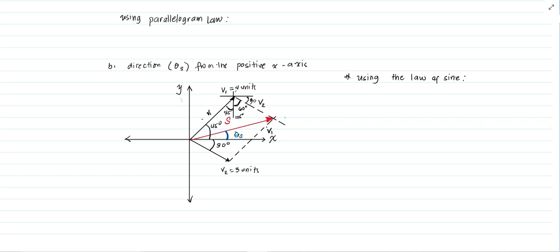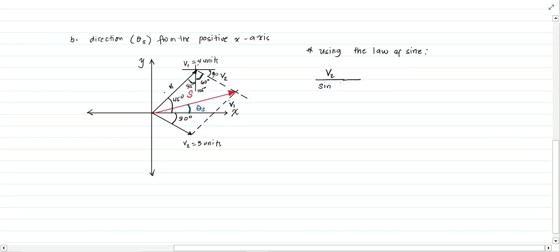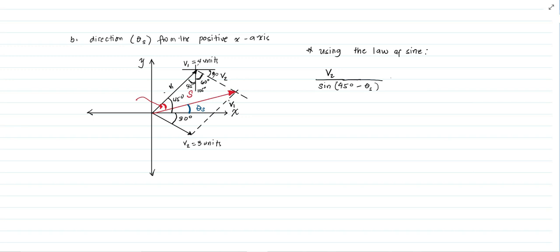Let us focus on the triangle on the upper side of the parallelogram. In this triangle, v sub 2 can be divided by the sine of its opposite angle, which is 45 degrees minus theta sub s. Remember that this is the opposite side of v sub 2, and this is the difference between 45 degrees and theta sub s.